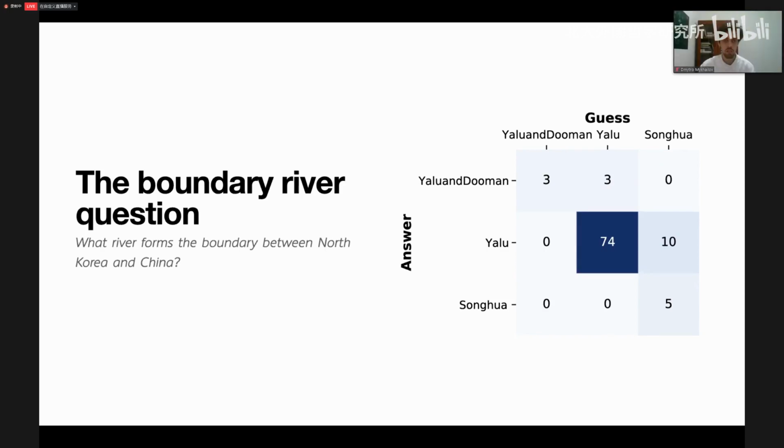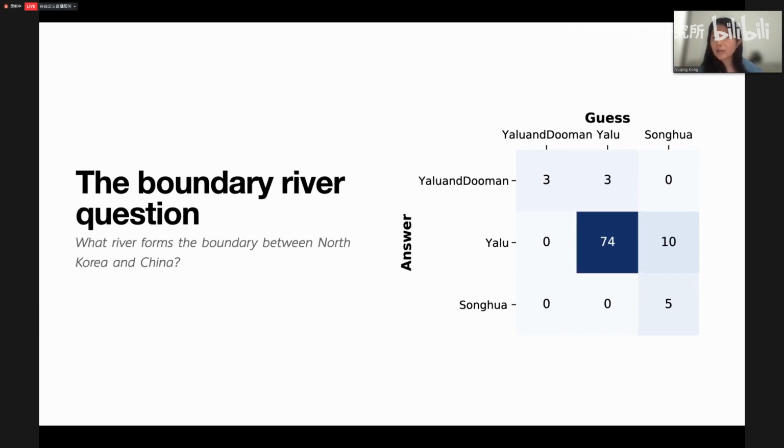For this boundary river question, we asked people, what is the boundary river between China and North Korea? I think every Chinese person knows the answer is the Yalu River. We asked the students this question, and we found that 3 students provided 2 answers, the Yalu River and the Tumen River, and they also predicted that other people would only provide a single answer.